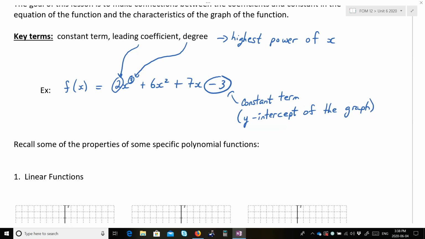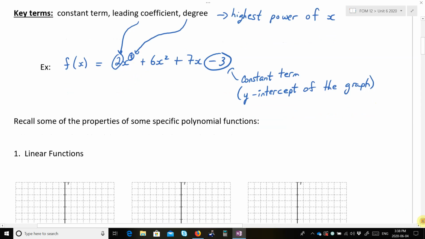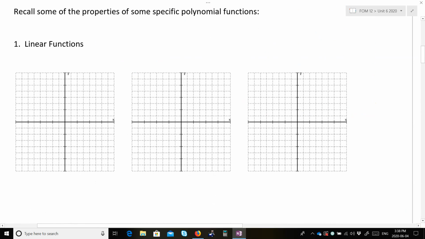So let's recall some of the properties of some specific polynomial functions. First of all, we started with linear functions. There's a special straight line linear function that is of degree 0. That's when you have a horizontal straight line like this.